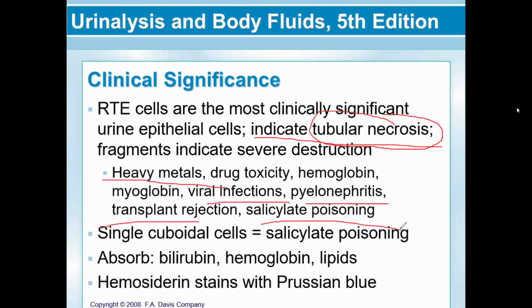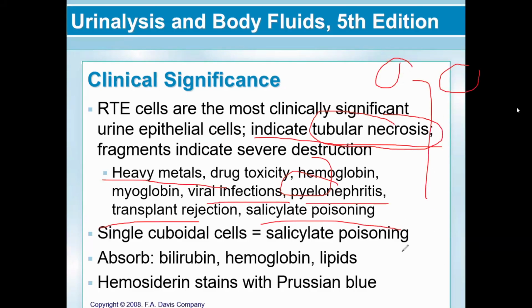So pag sinabi natin tubular necrosis or tubular damage caused by infection or urinary tract infection, tandaan mo na it's always your pyelo, hindi yung iyong cystitis or yung iyong lower. It's always upper. Kasi yung tubules mo nandun mismo sa kidneys mo. Di ba yung pyelonephritis, it's upper UTI involving the kidneys. Pag cystitis kasi yan, ito yung kidney mo, kunwari, ito yung bladder.